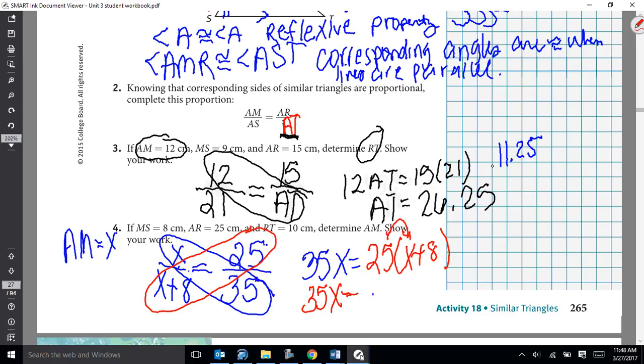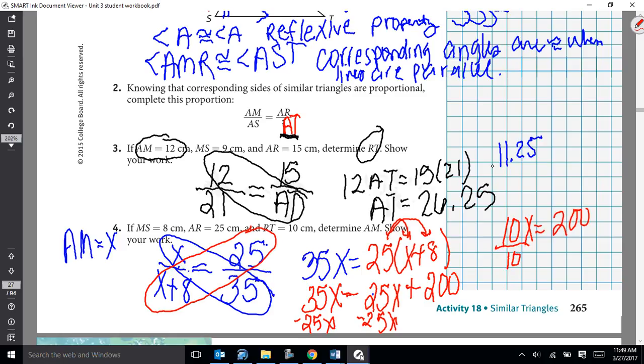So I have to distribute, so I have to sprinkle that 25 times inside everything. So 25 times x, 25 times 8 is 200. And then we use algebra. So I have 10x equals 200. So I get x equals 20.